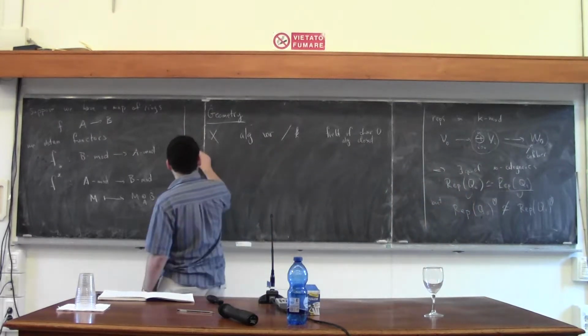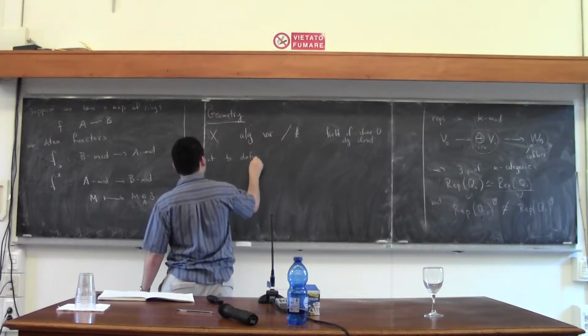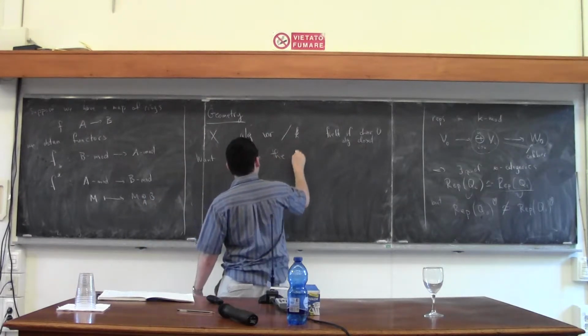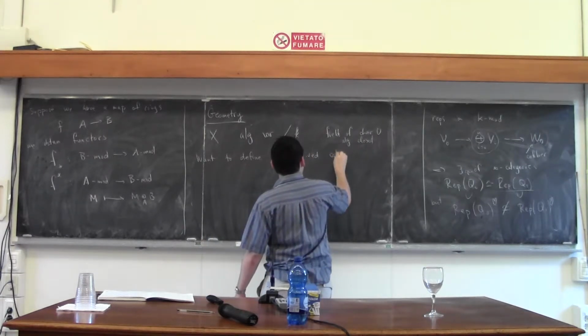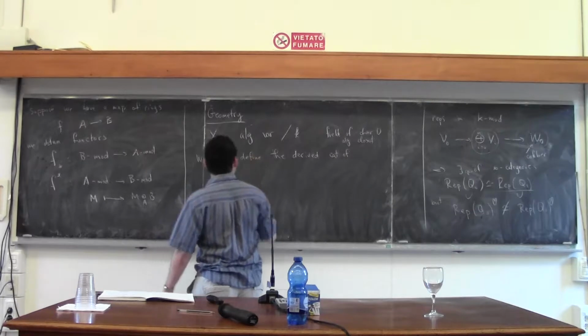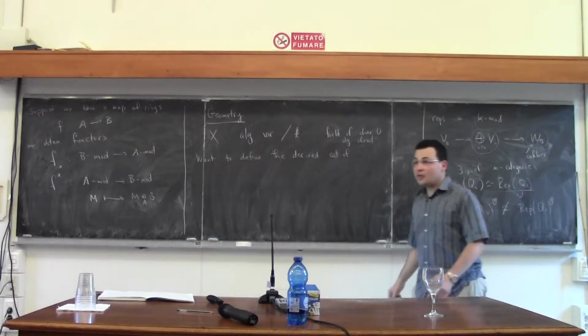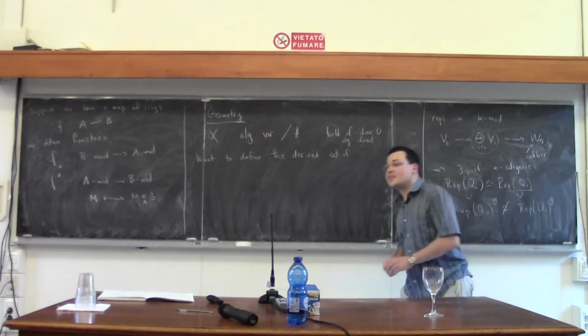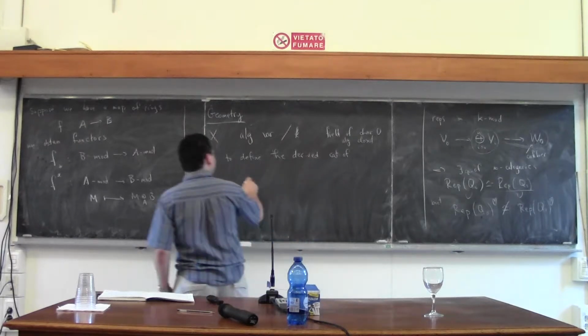So we want to define the derived category. I'm taking the word variety, by the way, to mean smooth as well. I think that's sometimes what people do.